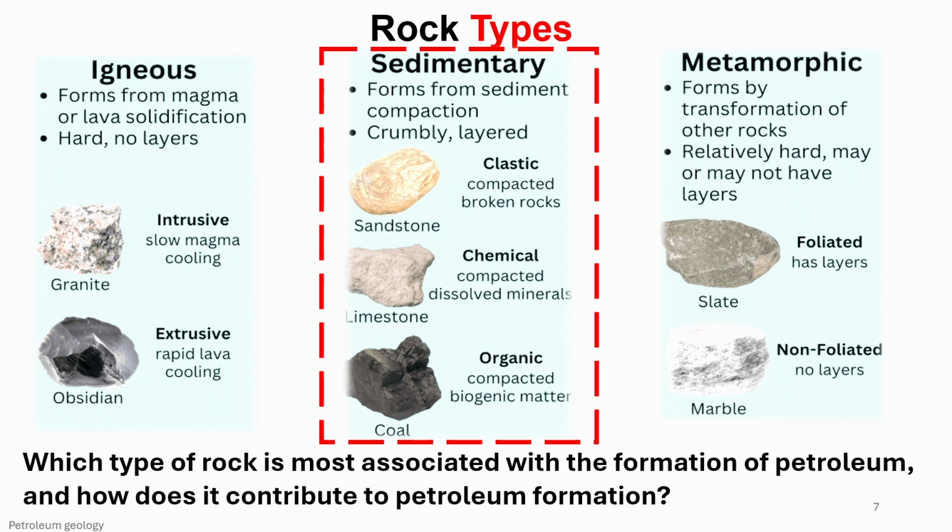This slide asks an important question. Which type of rock is most associated with the formation of petroleum, and how does it contribute? The answer is mainly sedimentary rocks. Sedimentary rocks are formed by the accumulation of minerals and organic matter. They can be clastic, carbonate, or evaporitic.